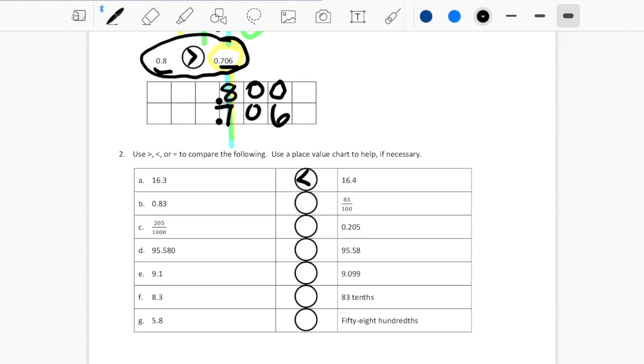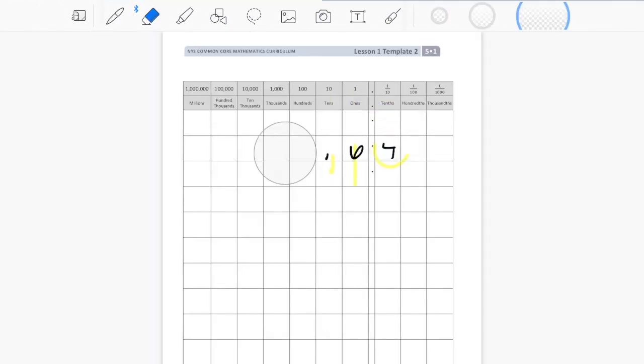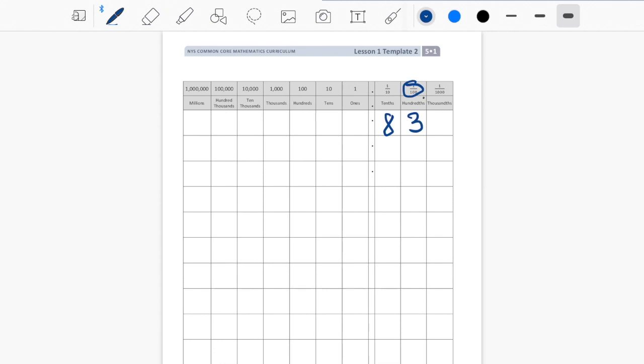83 hundredths versus 83 hundredths. Sometimes children have a hard time comparing these numbers because they're not sure what it looks like in decimals versus fractions. So here is 83 written as a decimal, 83 hundredths, and we see hundredths here and here, 83 hundredths.